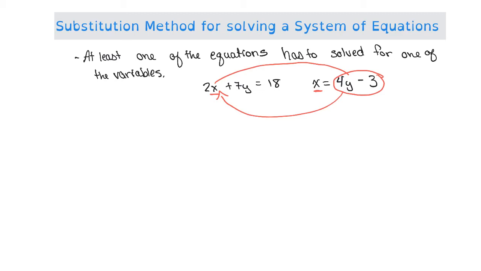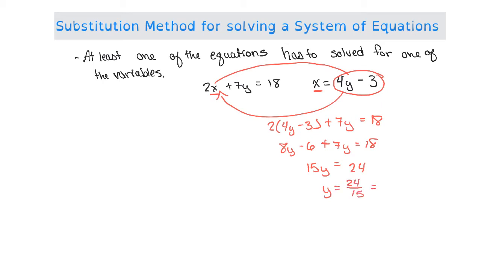So now it becomes 2 times (4y minus 3) plus 7y is equal to 18, and then we solve this equation for y. And then we can take this answer and plug it into this equation right here, and solve for x.